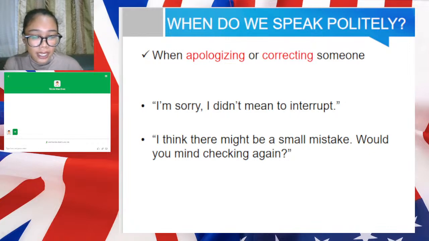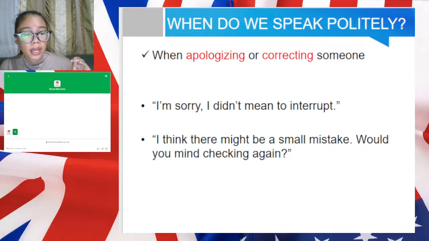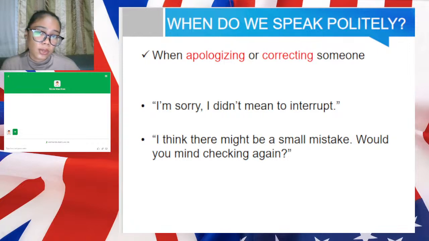Would you mind checking again? So this way, you're being gentle and giving them a chance to see it themselves. So yeah, whether you're saying you're sorry or pointing out something that might be incorrect, using polite language is key to maintaining good relationships and avoiding unnecessary awkwardness.